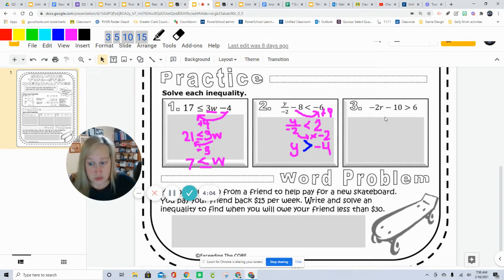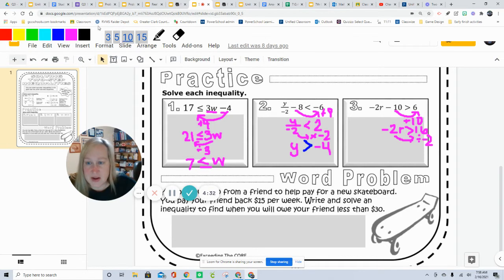So as you can tell, we're doing the same steps that we would do for solving equations. I'm going to move the minus 10 by adding 10 to both sides. You're left with negative 2r on this side is greater than 6 plus 10, which is 16. Now to move this negative 2, I'm going to divide by negative 2.